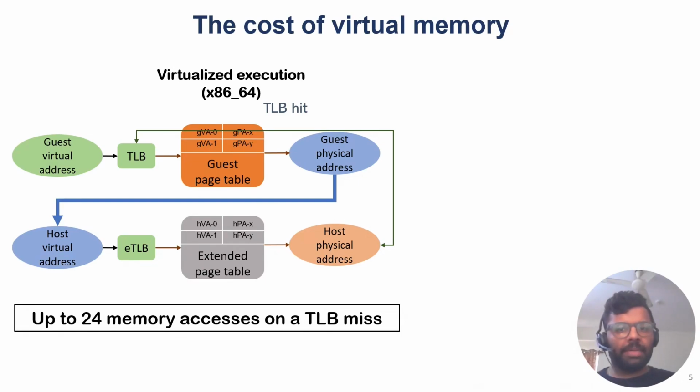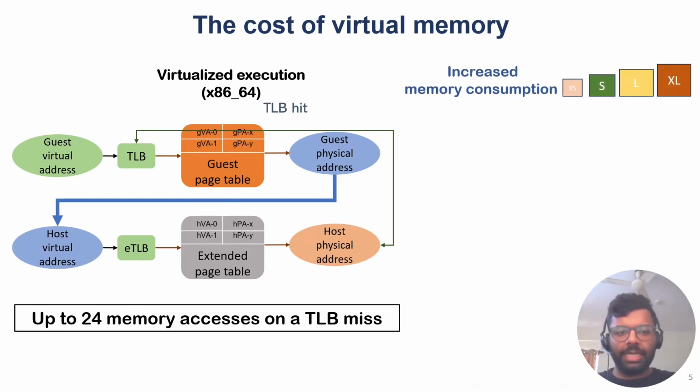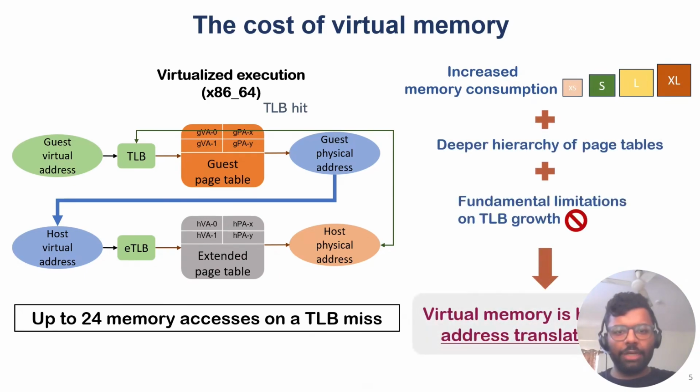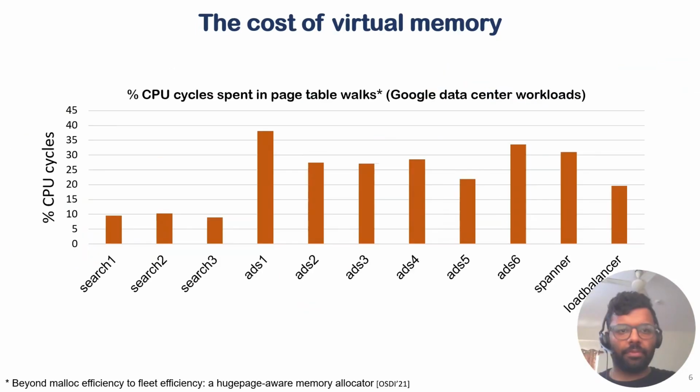Unfortunately, while physical memory capacity has grown exponentially, the size of the TLB has barely scaled over the decades. Now, increased memory consumption, deeper page tables, and limited TLB growth lead to a phenomenon known as the address translation wall, where the memory management unit spends a significant number of cycles translating virtual addresses to physical addresses.